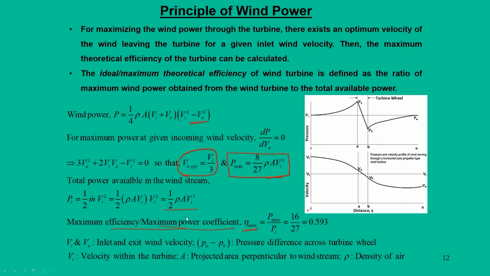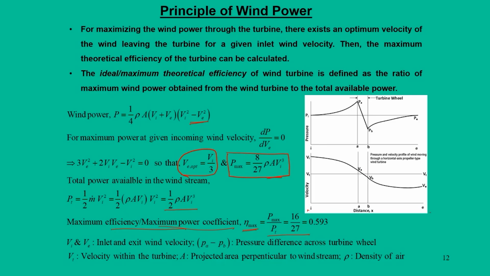From this simple expression it turns out to be 16/27, or 0.593. This number is very significant: the maximum efficiency that can be captured by any turbine does not exceed 59.3%, so any turbine's efficiency cannot go beyond this number.